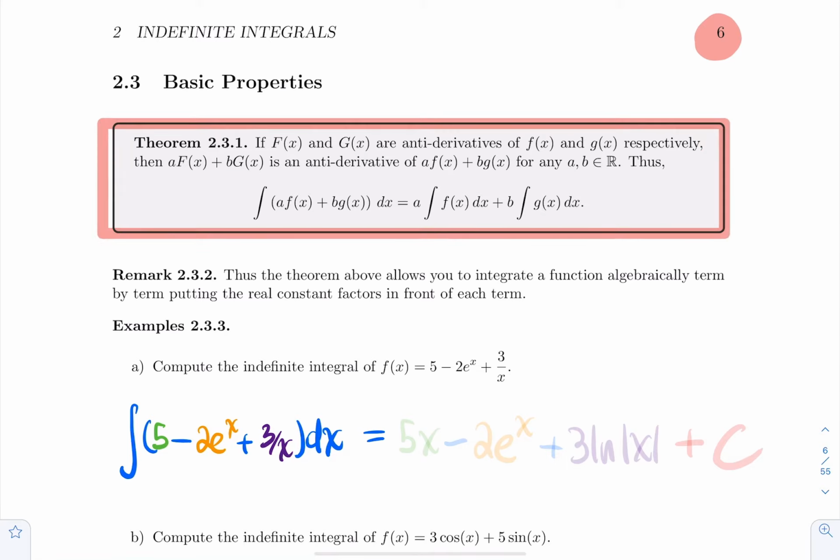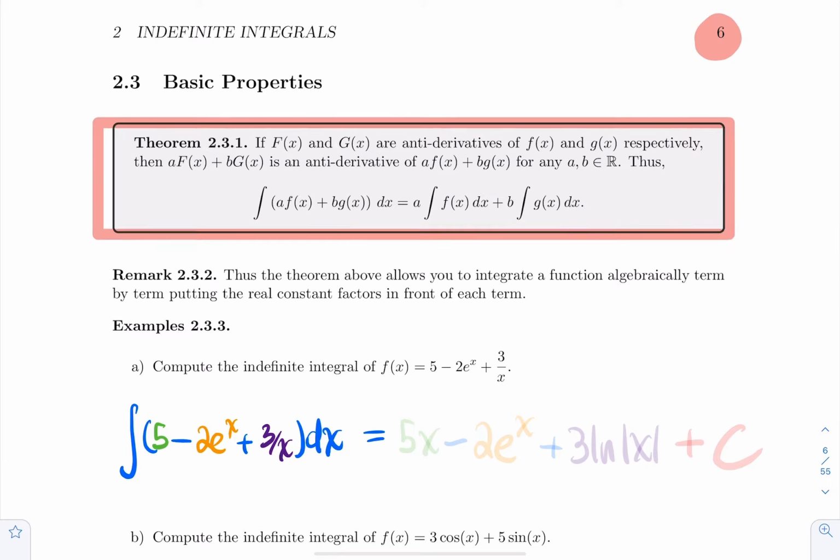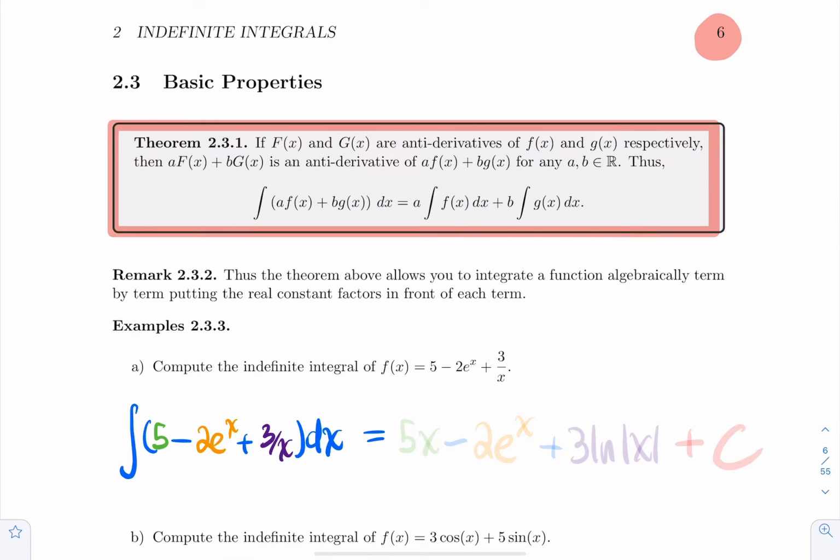Well, the basic property says that if you have two functions, small f and small g, and you know how to compute their primitives, let's say they're called big F and big G, then the integral of a times small f plus b times small g will be a, that coefficient, times big F plus b times big G. So you can really go term by term algebraically, and this is not going to change anything.